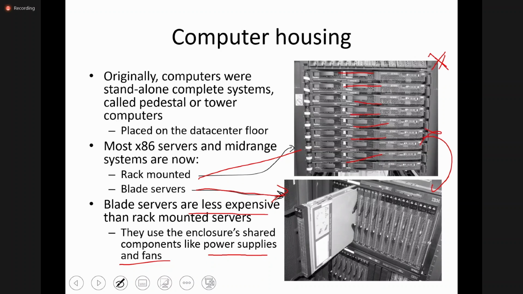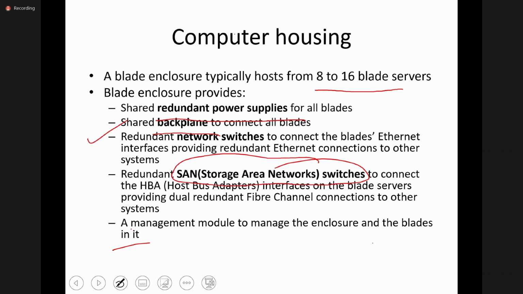The plate also comes in vertical ways. This is horizontal. It shares the power supplies and the fan together here, but here no. So those are the main three differences between the plate servers and rack mounted servers.